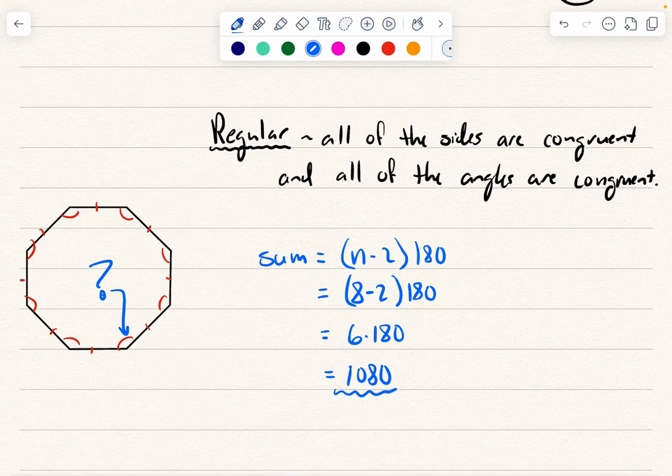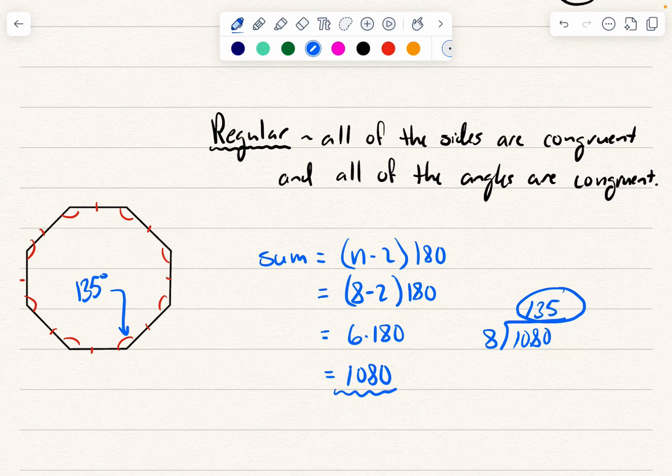But because this is a regular octagon, they're all the same size. So we can take that 1080 and divide it by 8. And 8 goes into 1080 exactly 135 times, which means that each one of these angles is 135 degrees.